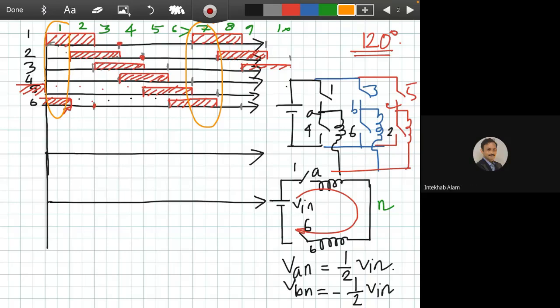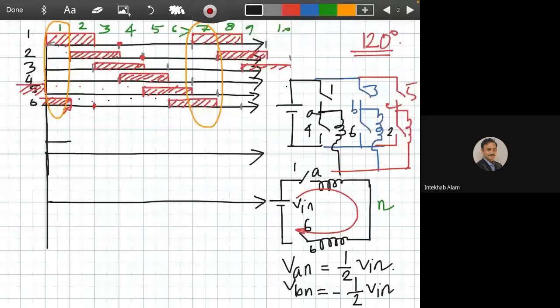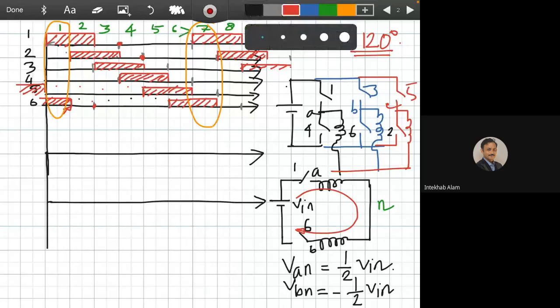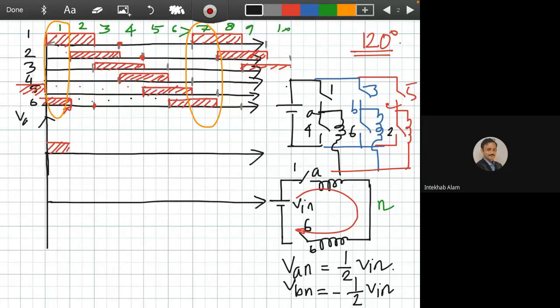So what will be the value next? So if we just draw it like this, then it's like 1 here, so it's Van, and this is Vbn.